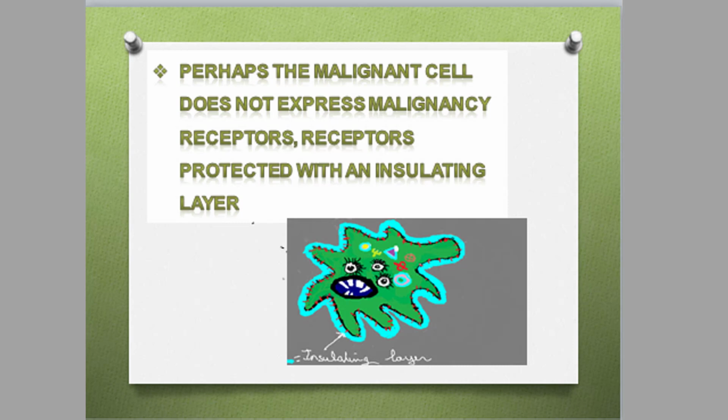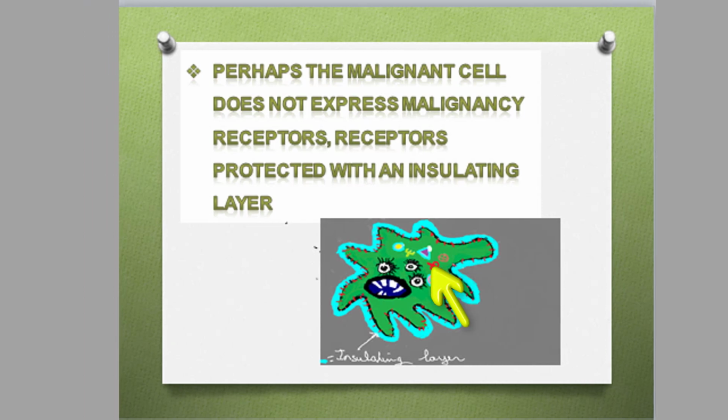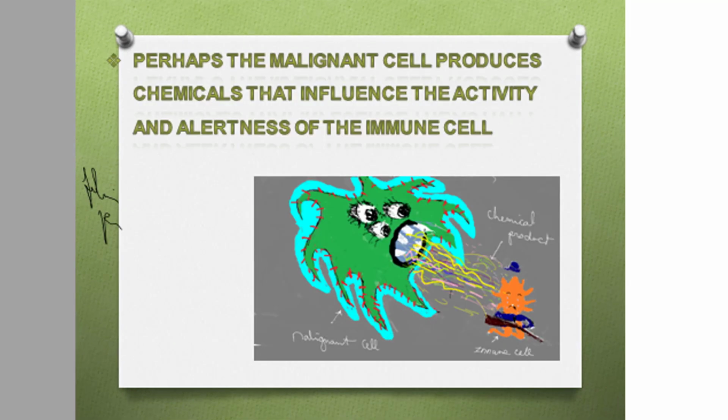First maybe: perhaps the malignant cell does not express malignant cell receptors, protected with an insulating layer. Second maybe: perhaps the malignant cell produces chemicals that influence the activity and the lateness of the immune cell.